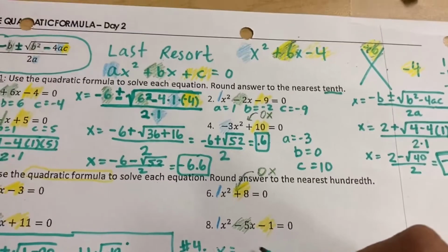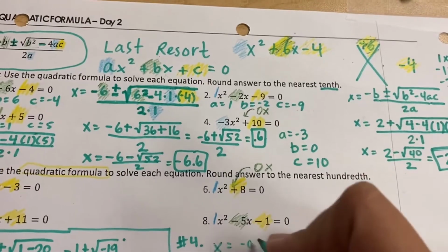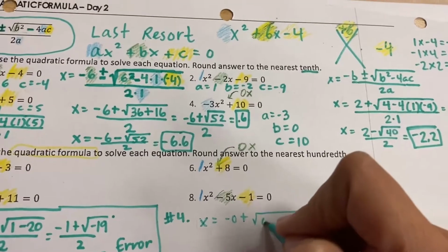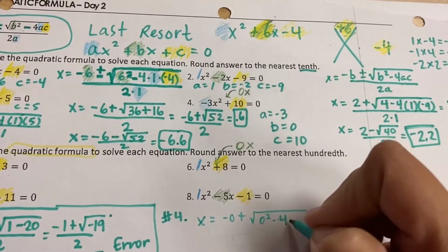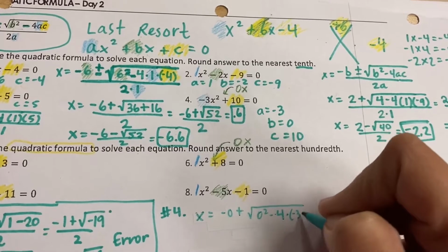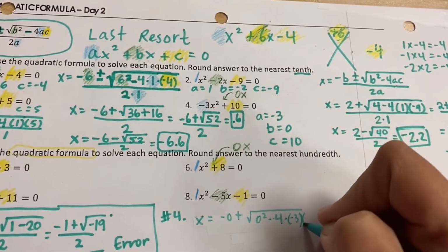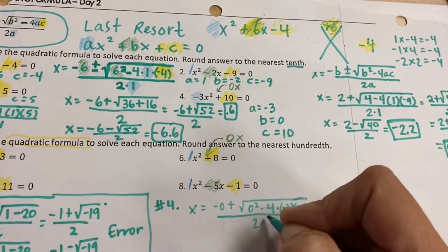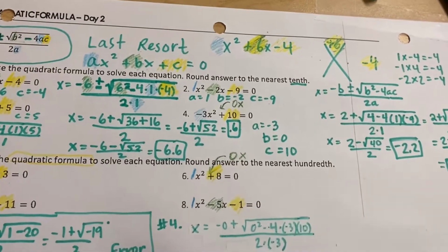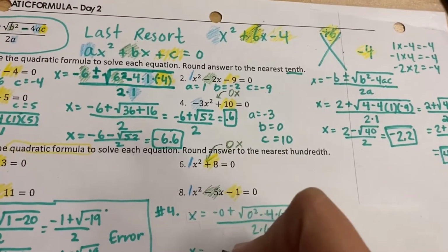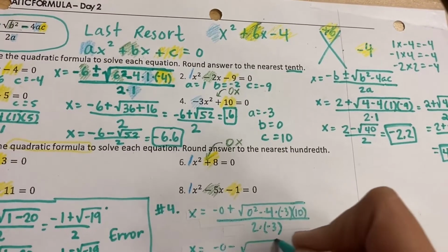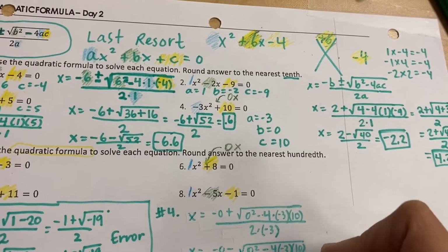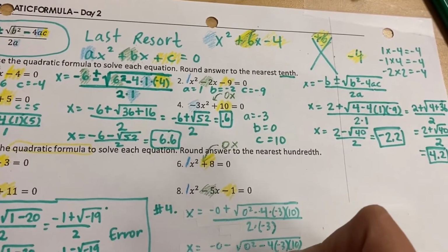X is equal to -b, so -0, plus the square root of b squared, so 0 squared, minus 4 times a, which is -3, times c, which is 10, all over 2 times a, which we said a is -3. Okay, now we also know it's -0 minus the square root of 0 squared, minus 4 times a times c, all over 2 times a.